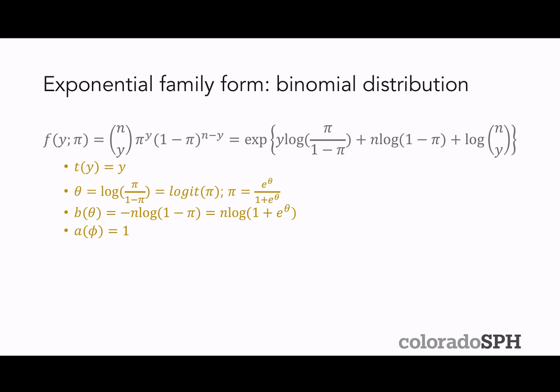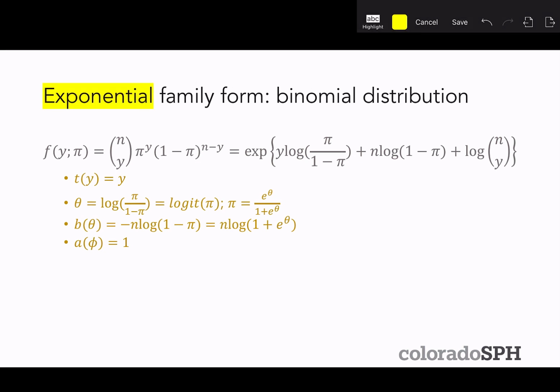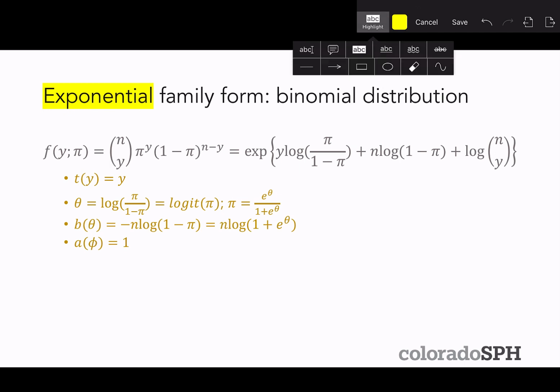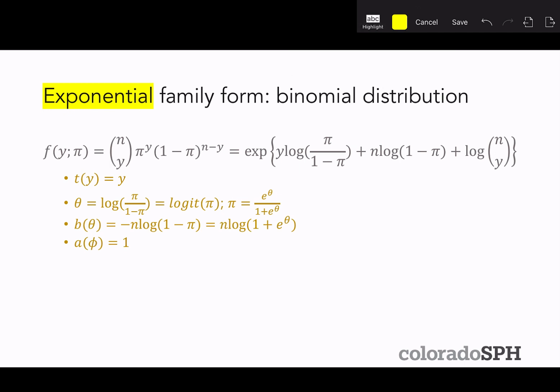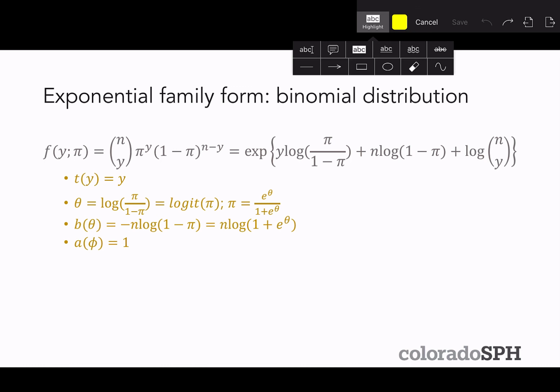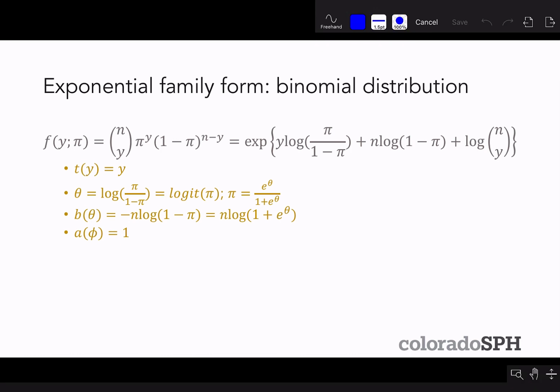can be put into exponential family form, where, again, just because I find it easier to see that it's an exponential family form if you actually just write out on top of it what the exponential family form is. But, so I'm just going to write that out on the top here.